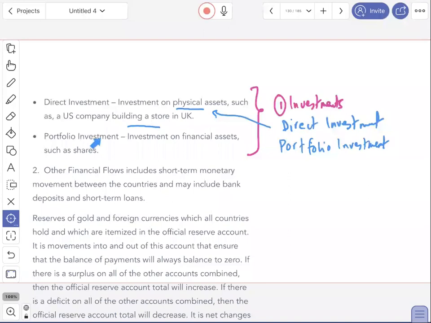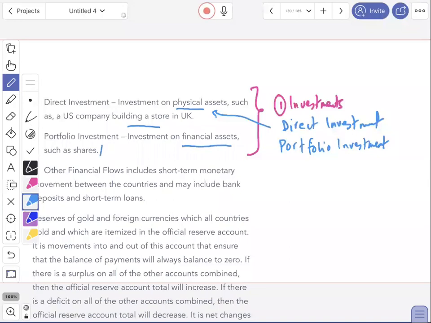Portfolio investment is the investment in financial assets. Financial assets are shares, financial assets could be bonds, and so on and so forth. Haris is asking me what is the difference between current and financial account. Both record inflow. All these accounts, Haris, are recording inflow.